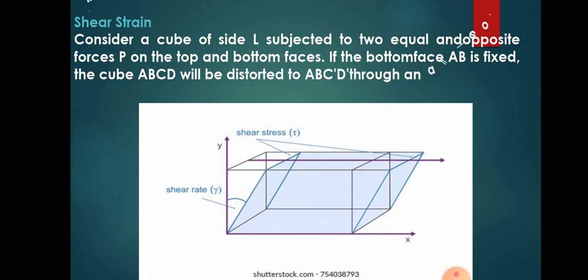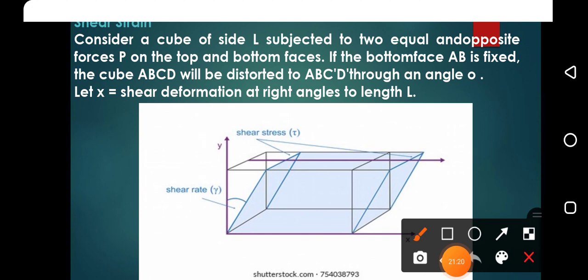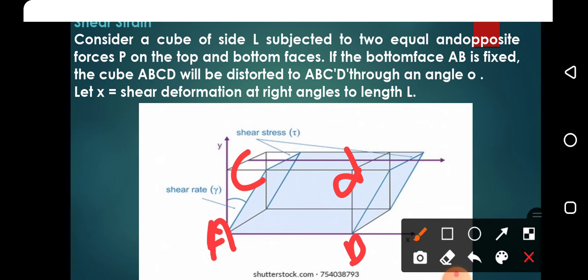If the bottom face AB is fixed, the cube ABCD will be distorted to ABC'D' through an angle θ. Here, before applying a force to the block, the block is named ABCD. After applying a force, it became ABC'D'. So that is how shear strain is explained.